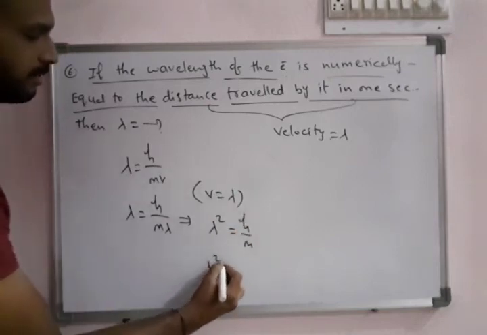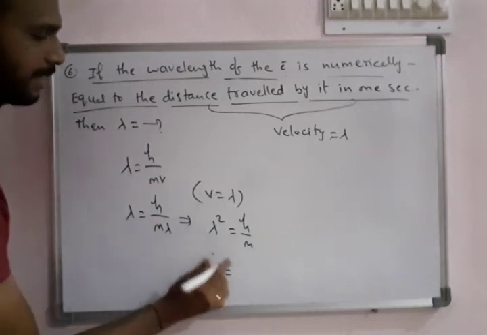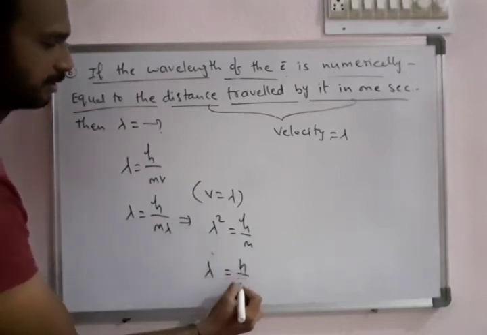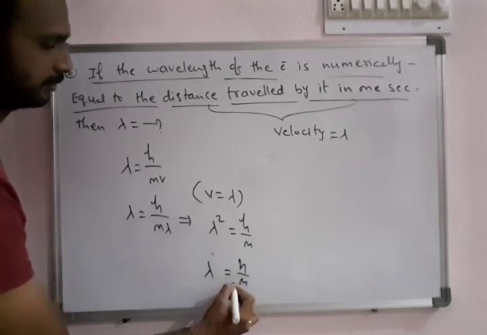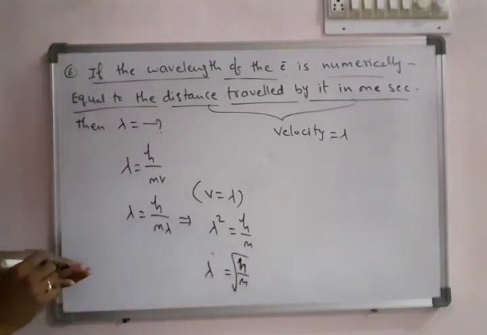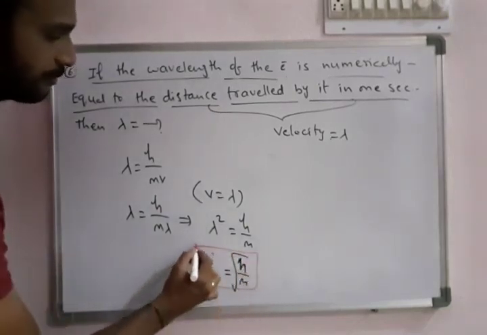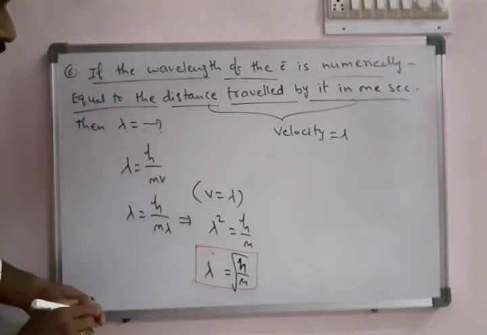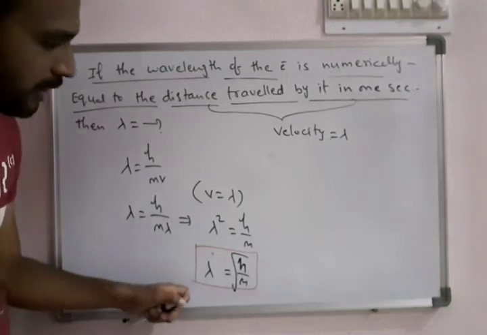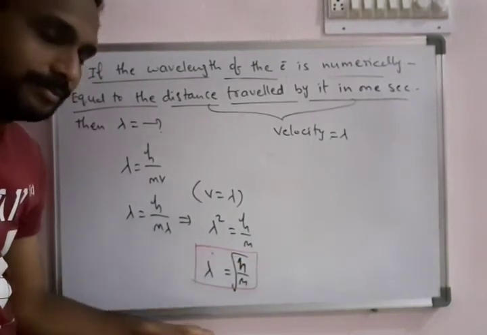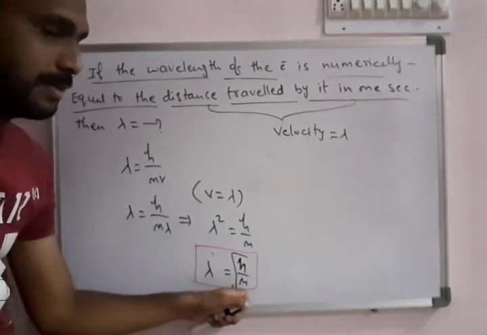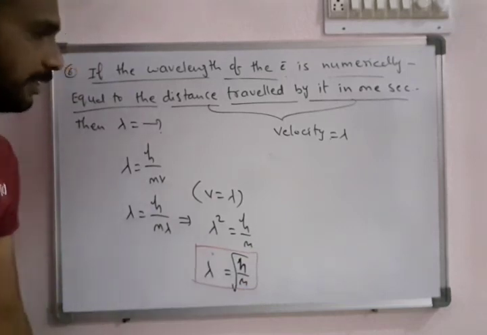So lambda is equal to root of h by m. This is also useful in some types of problems where the velocity is exactly equal to its wavelength. Then directly we can write lambda is equal to root h by m, where m indicates the mass of that particle. Okay.